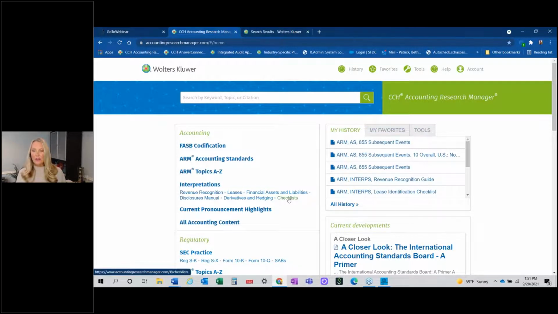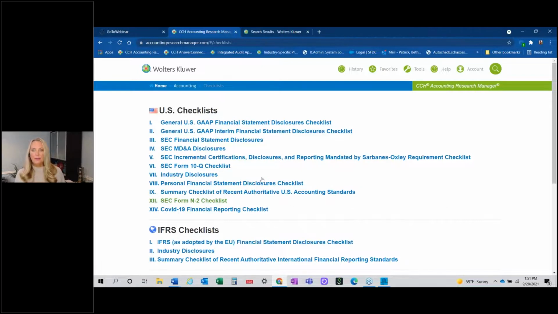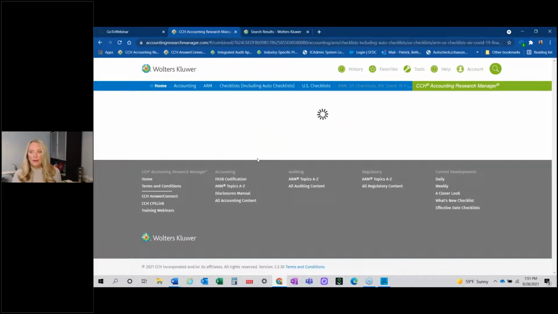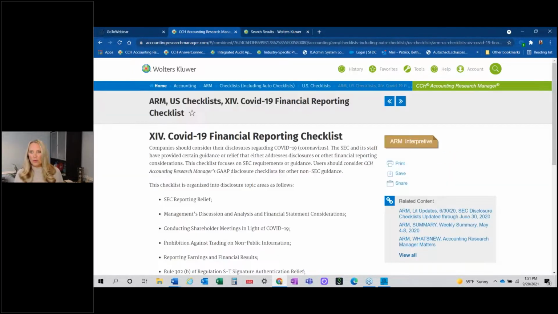Speaking of COVID, we also have right here a checklist. We just released our 9:30 checklist. So those are updated. People do like the fact that we update right at the end of the quarter. I saw our team has already produced that. But there's also here a COVID-19 financial reporting checklist. These will be in a Word format for you.